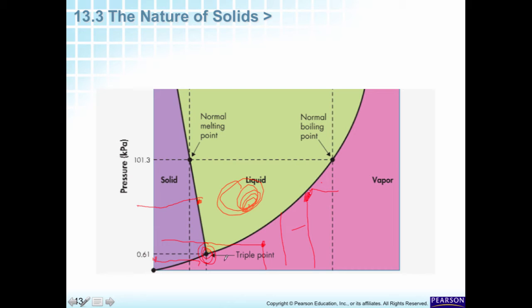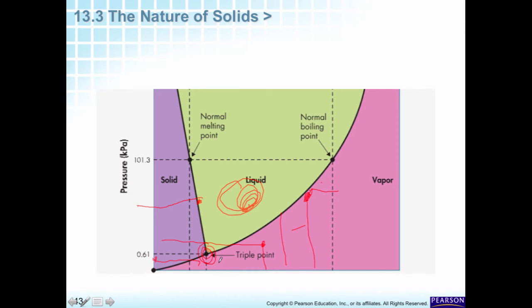When it sublimates, it turns from a solid to a vapor. But in order for it to do this, it would have to be at low pressure, which generally when you see dry ice sublimate, it doesn't. It sublimates at room temperature and normal atmospheric pressure.